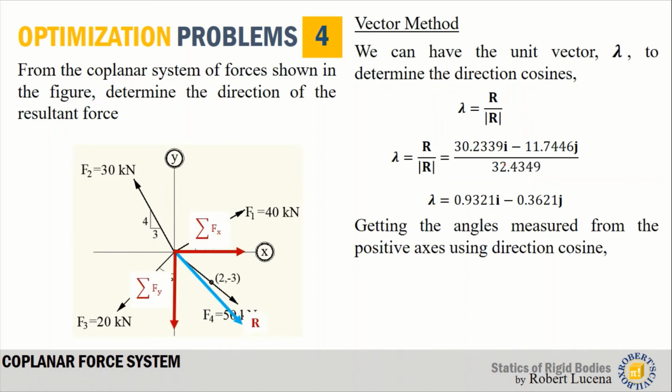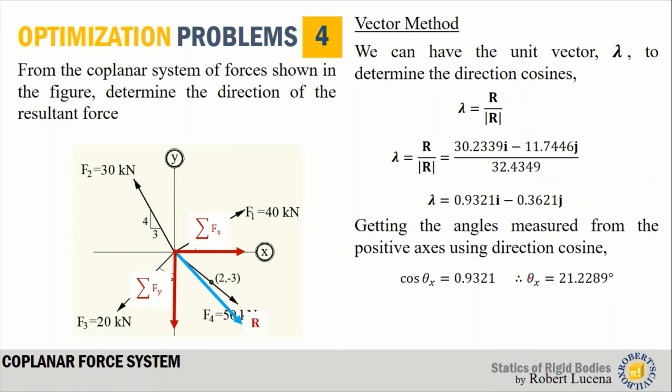Now, if we have the unit vector, we can get the direction cosine. So this is the direction cosine measured from the x-axis, and this is the direction cosine measured from the y-axis. Cosine theta x is the direction cosine or the coefficient of base vector i. So cosine theta x is 0.9321.